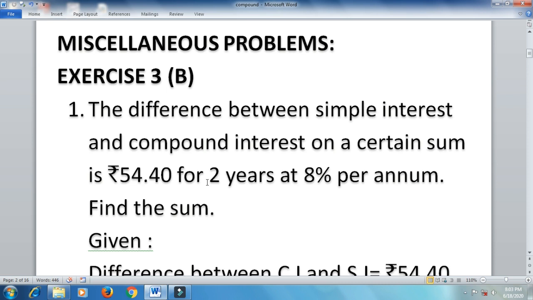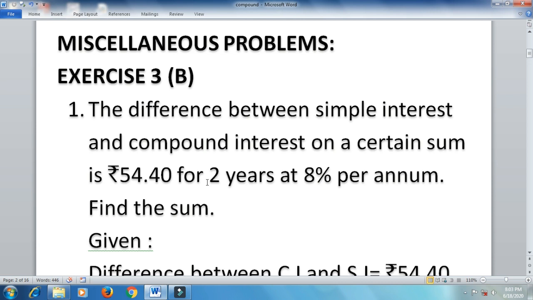The same sum of money, if it is invested in compound interest at 8% per annum for 2 years, remains the same. The amount invested for simple interest and compound interest, the number of years and the rate of interest are the same.